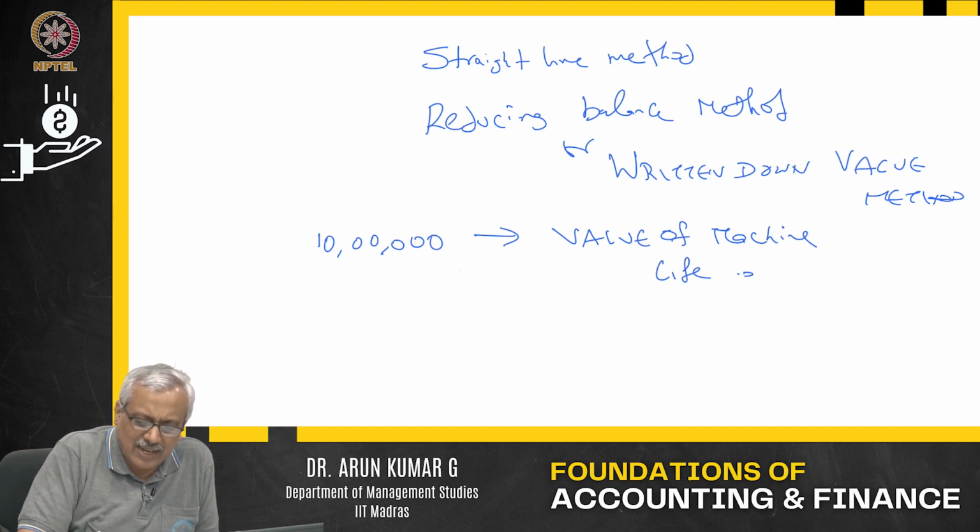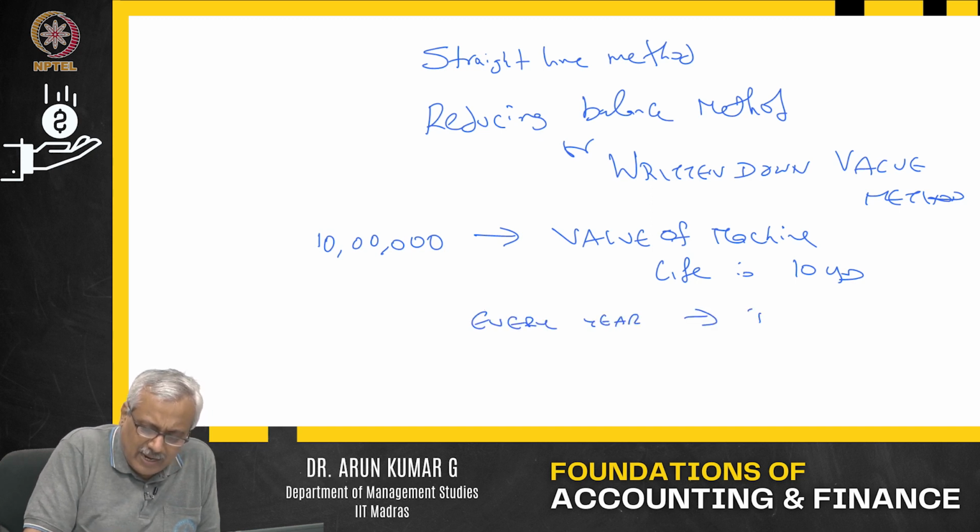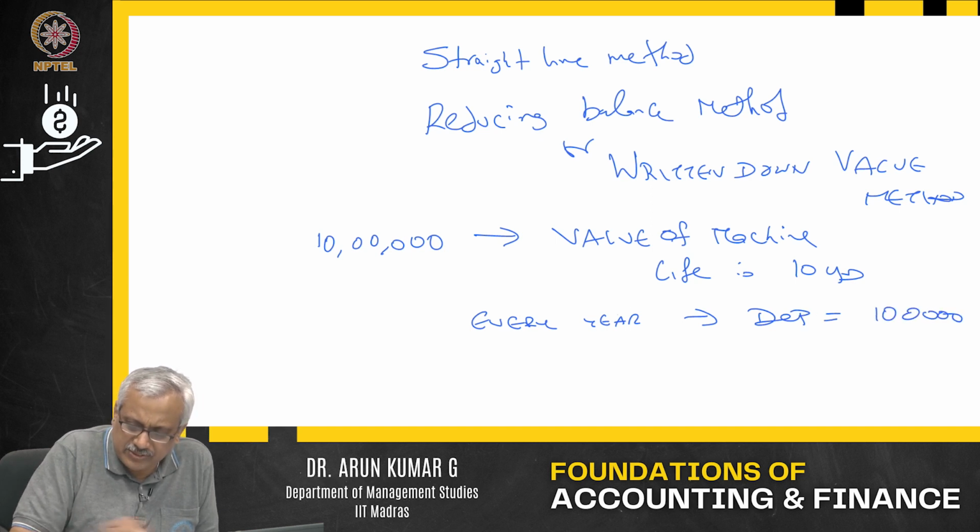I say life is 10 years. I use a straight line. So what happens? Every year my depreciation is 1 lakh straight, year 1, year 2, year 3.